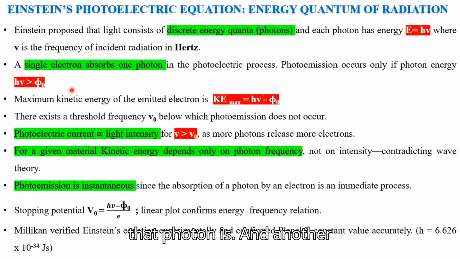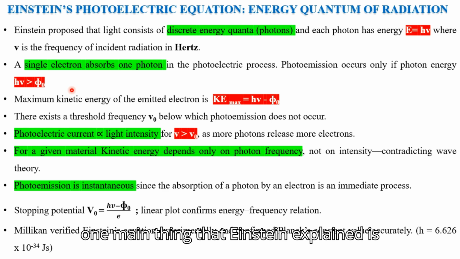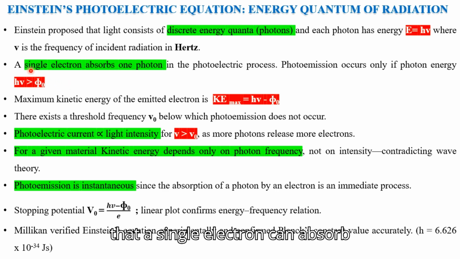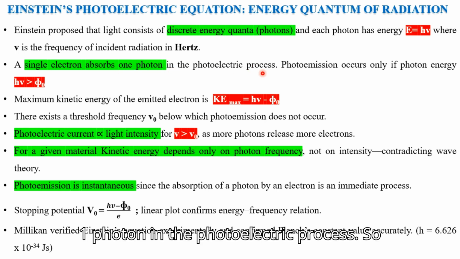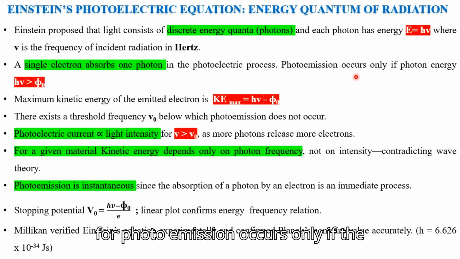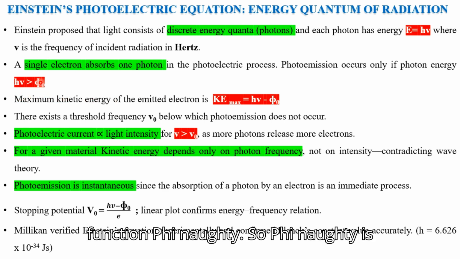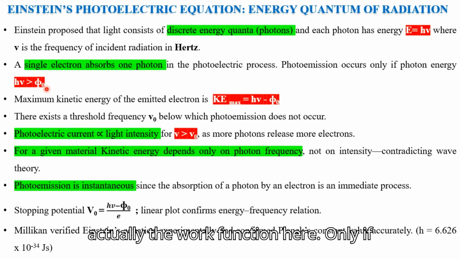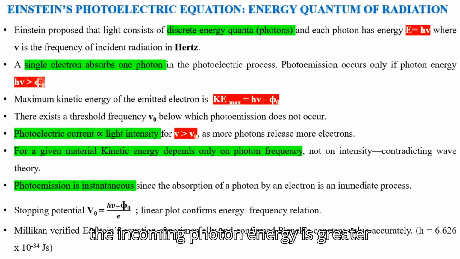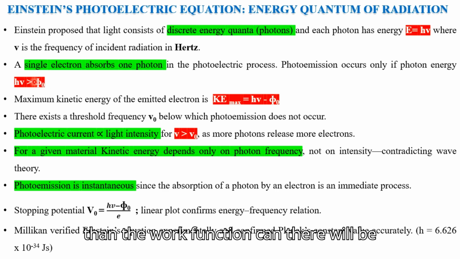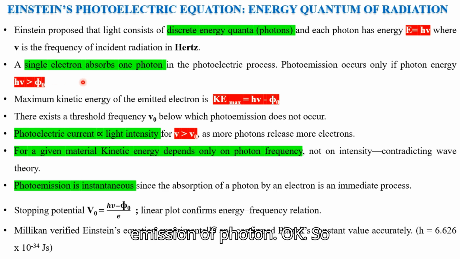Okay, and another main thing that Einstein explained is that a single electron can absorb one photon in the photoelectric process. So photo emission occurs only if the photon energy is greater than the work function phi naught. So phi naught is actually the work function here. Only if the incoming photon energy is greater than the work function will there be emission of electrons.